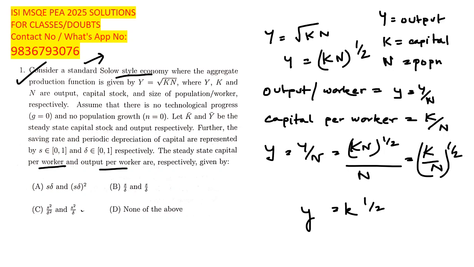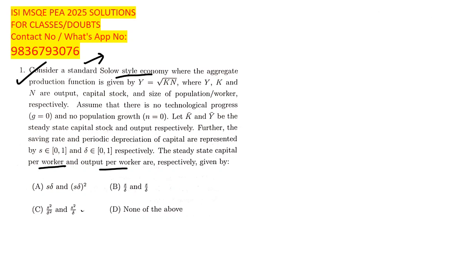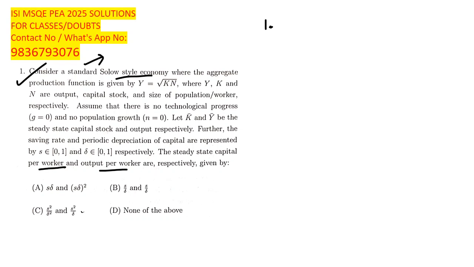Second, I come to the steady state condition. In the Solow model, the change in capital per worker over time is given by dk/dt = s f(k) - δk.